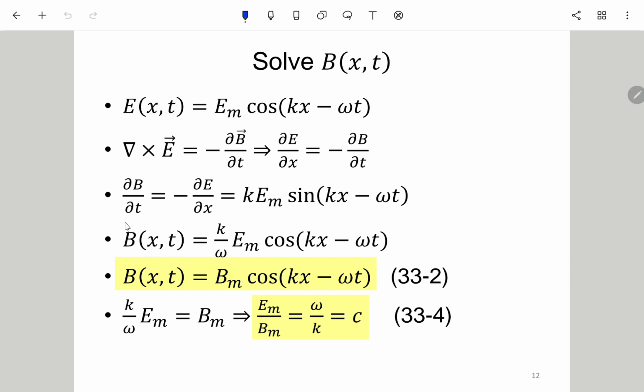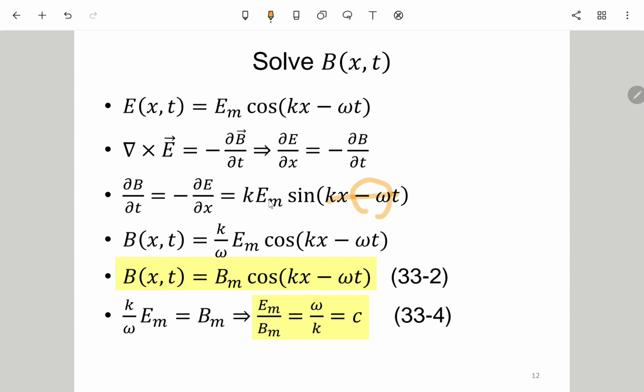So we try to integrate on both sides. Okay, on the left side it becomes B of x,t. And then on the right side, okay, here we have a sine. Take the integration becomes negative cosine. And then here, also due to the chain rule, we need to divide by negative omega. So this negative with that negative become positive here.